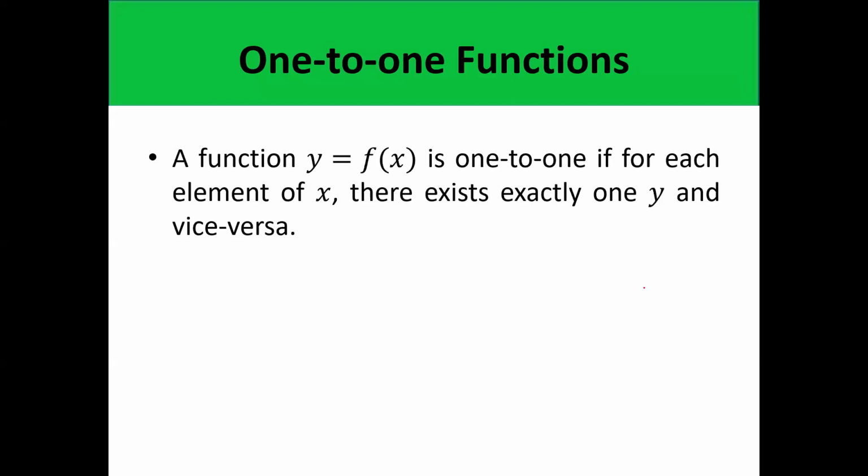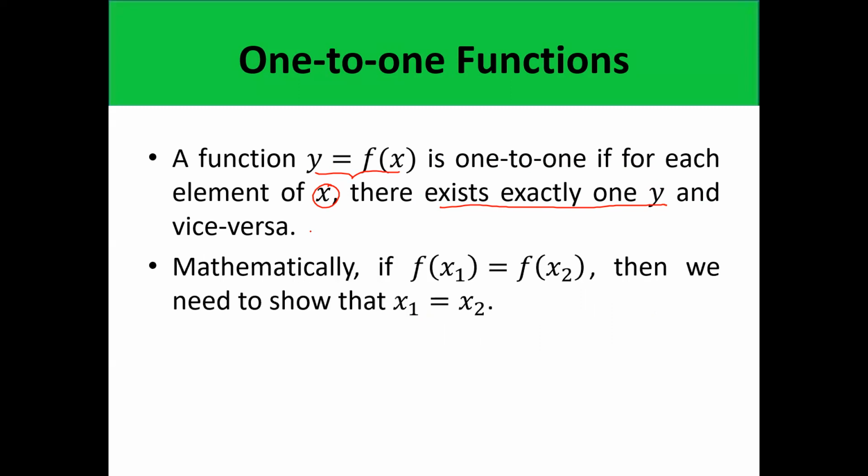To define formally what a one-to-one function is, a function y equals f of x is one-to-one if for each element of x, there exists exactly one value of y, and vice versa.